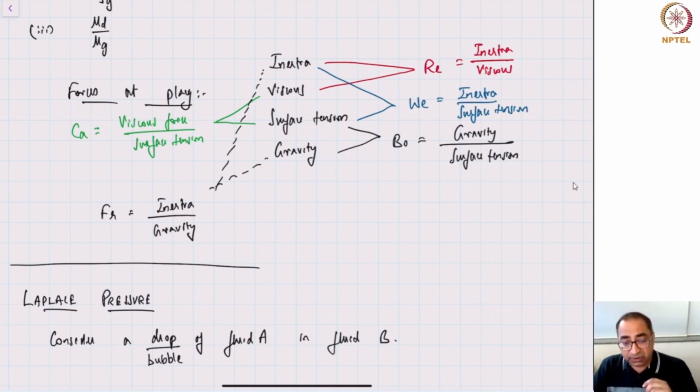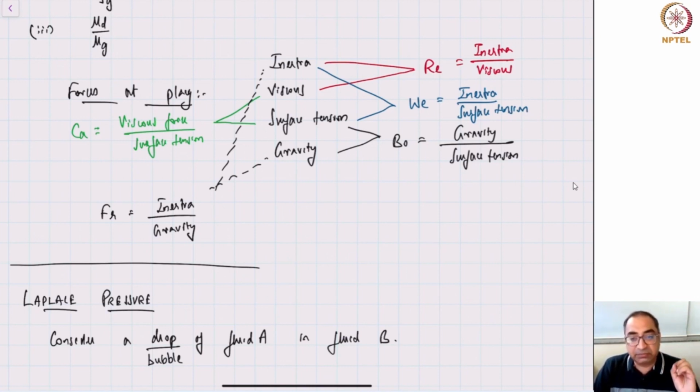Also notice that all these numbers are not independent of each other. For example, if I know the Reynolds number, which is the ratio of inertia to viscous forces, and I know the Weber number, which is the ratio of inertia to surface tension, then I can straight away obtain the capillary number by just taking the ratio of Weber number to Reynolds number. So these are not independent non-dimensional numbers.